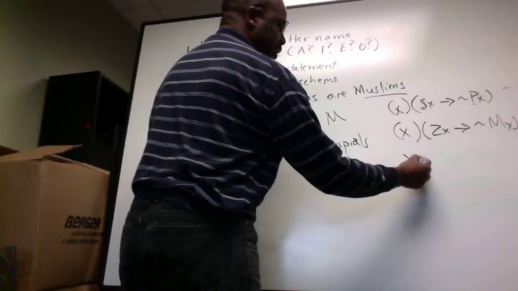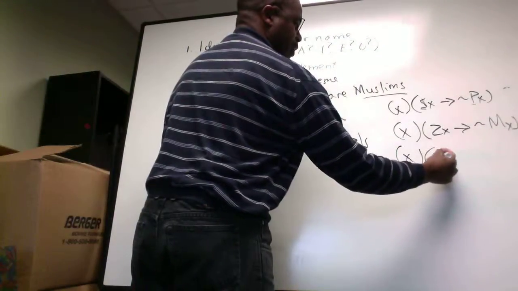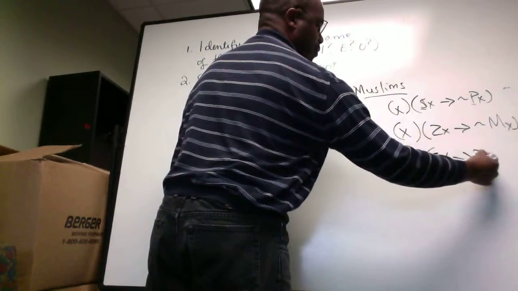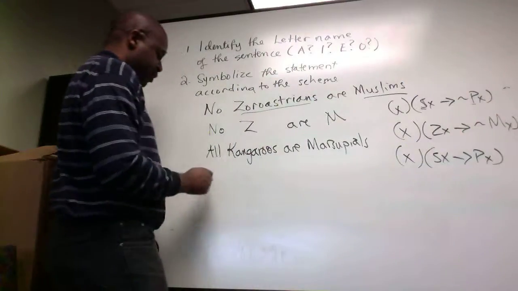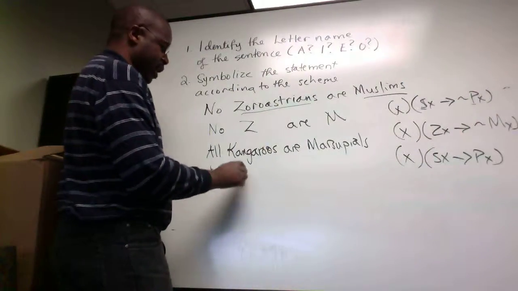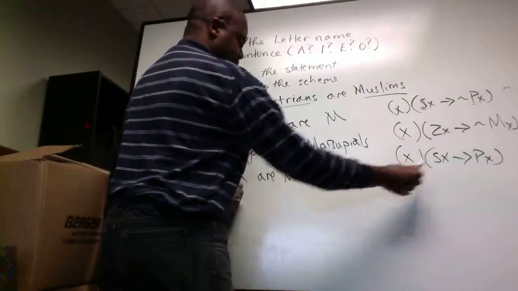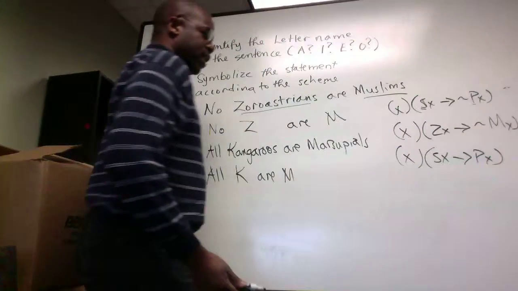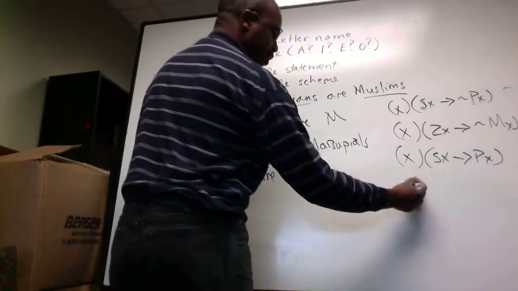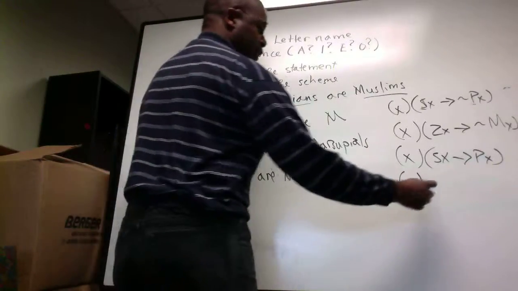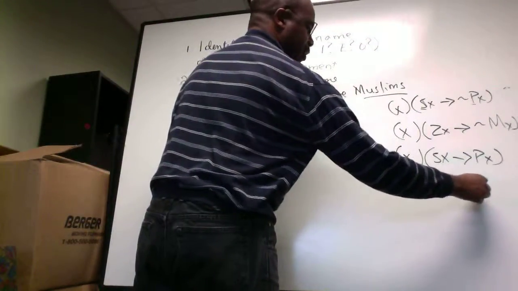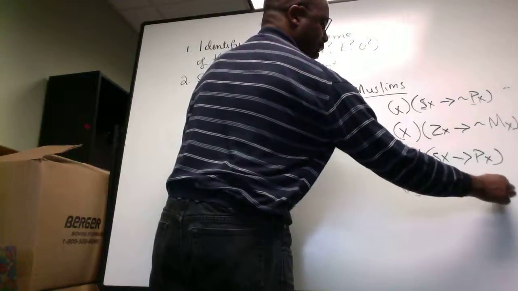An A statement looks like this. Reduce this to letters: all K are M. So K goes in place of S, M goes in place of P. And that's what you have: for all X, KX arrow MX.